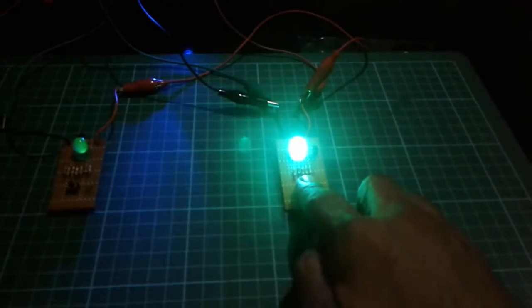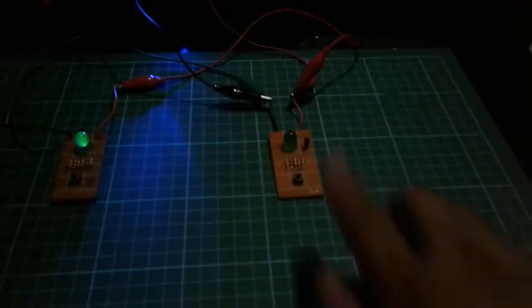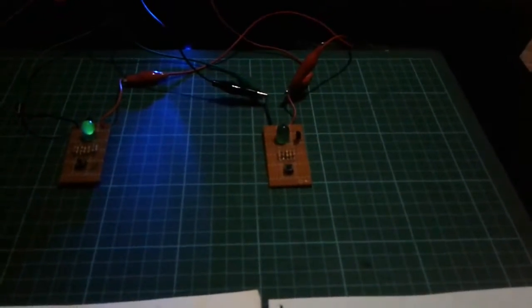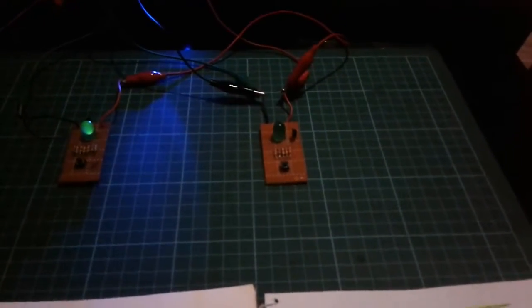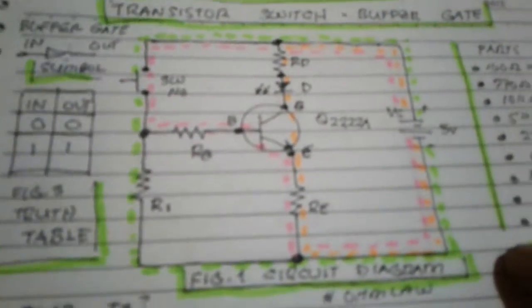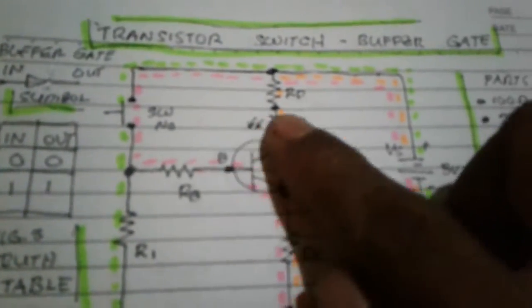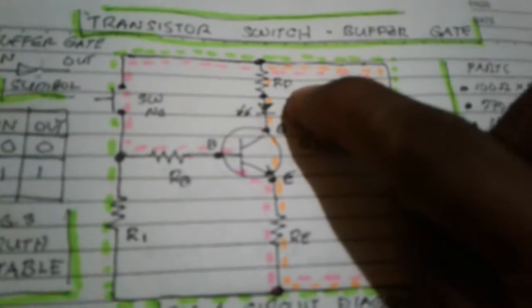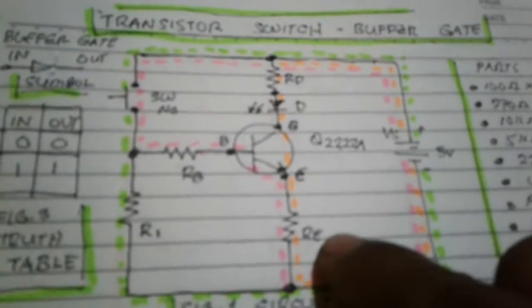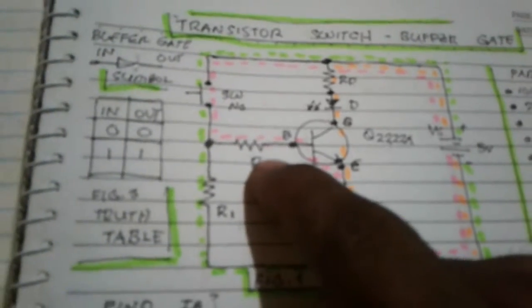Pushing the switch here, there are no leakage currents and no reverse voltage happening. So the circuit is stable here. I calculated all the values of the resistors: RD, RE, R1, RB. So let us calculate the resistor values here.